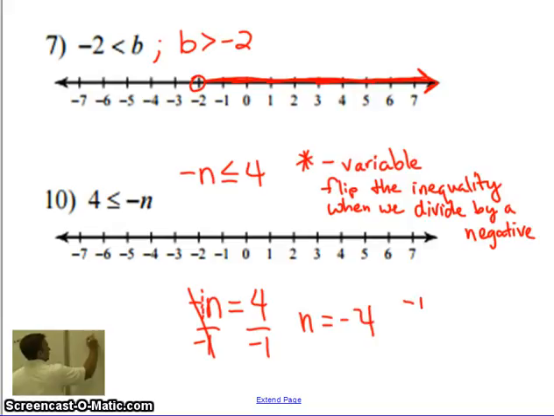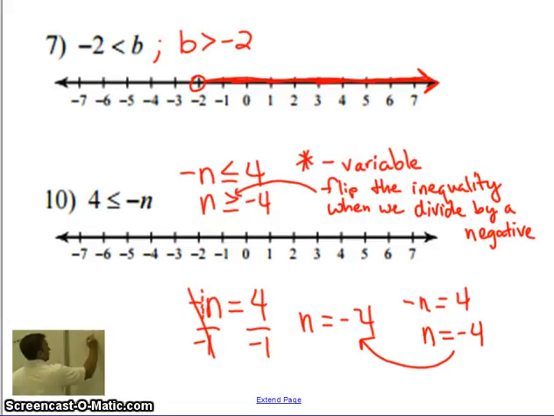Or, if you want to be smart about it, if negative n is 4, then positive n is -4. It's the same thing. So we know that positive n is greater than -4. Make sure we flip the inequality sign when we have a negative variable.